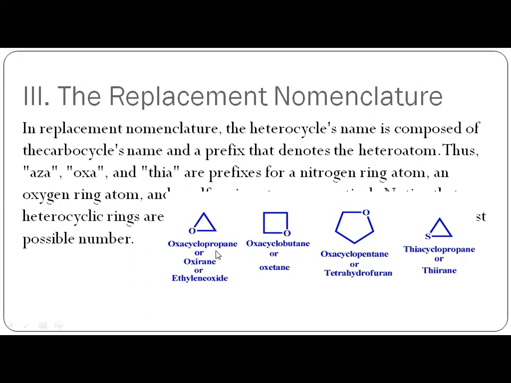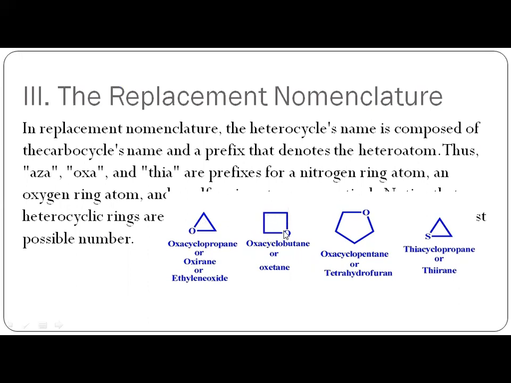The first one is oxacyclopropane. As we know, a 3-membered cyclic ring is called cyclopropane, but there is one oxygen atom, so we indicate it as oxacyclopropane. We can also call it oxirane or ethylene oxide. Next, this one is a 4-membered ring.